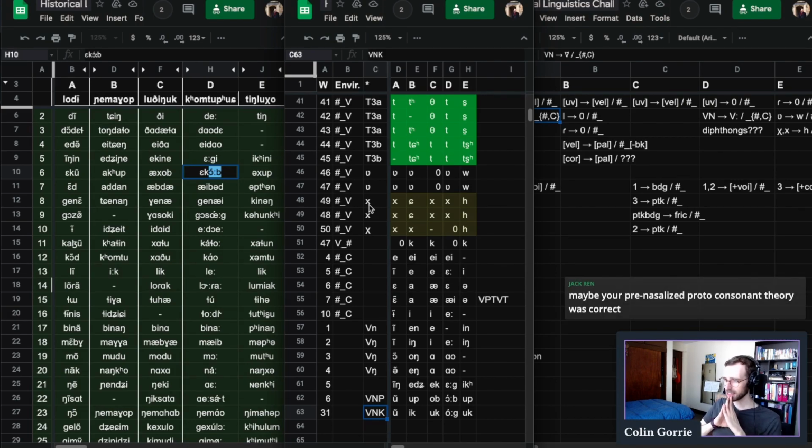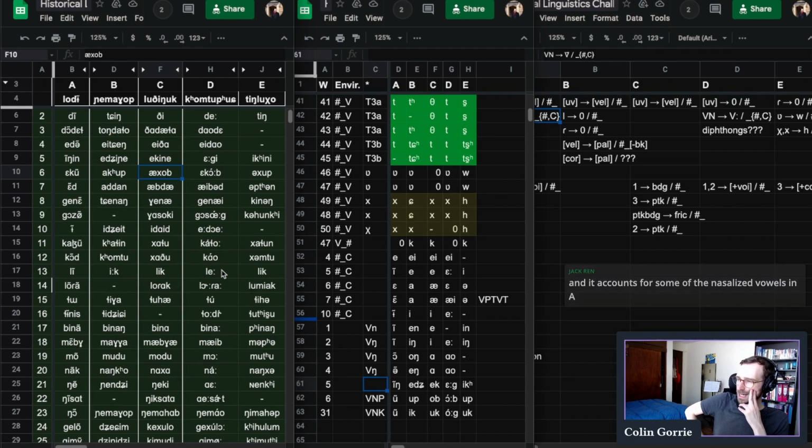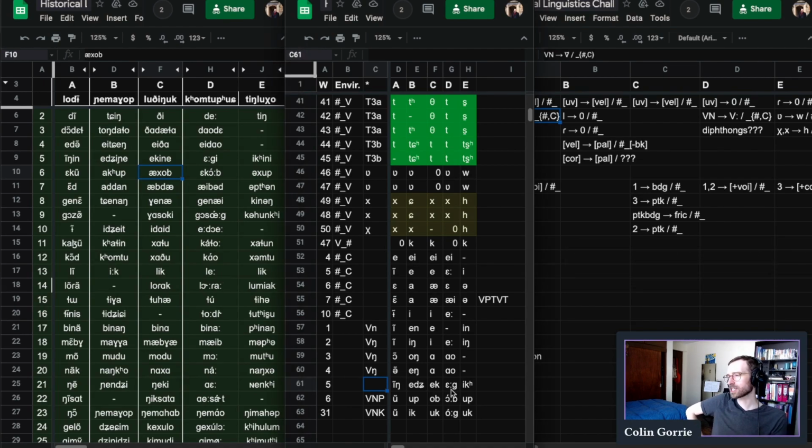It's possible then that the prenasalized, yeah, as Jack, I think there's something to recommend that theory as well, whether it's a nasal consonant sequence or prenasalized stop. Or it could just have been a voiced stop that in one branch gets prenasalized. Although, if that's true, why does it show up as a long vowel in D? If it were just a prenasalized stop, I don't think we would expect compensatory lengthening necessarily.